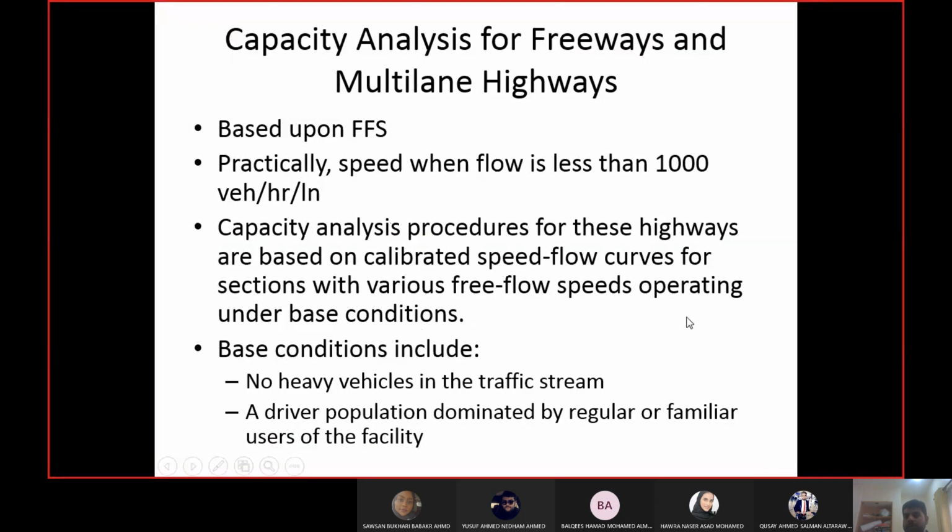Now when you are doing the procedure, there are certain conditions which we call the base or the ideal conditions. The table which I showed you at the start was also showing the capacities under base or ideal conditions.